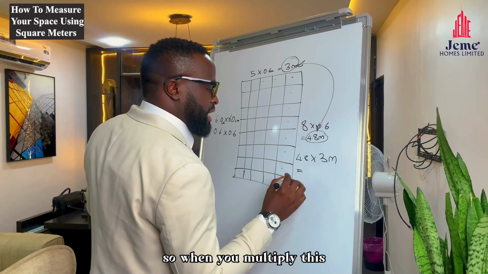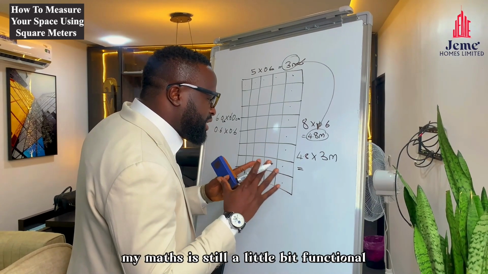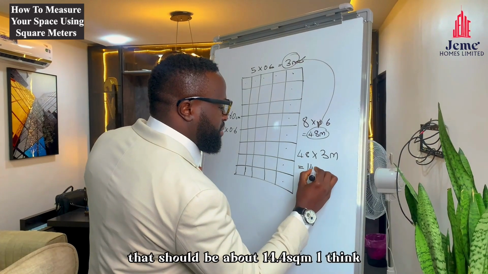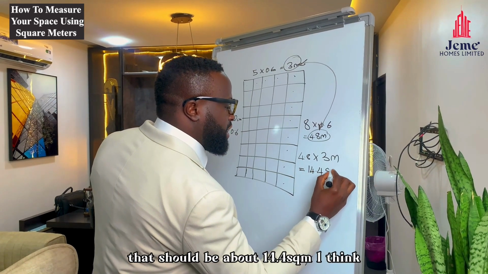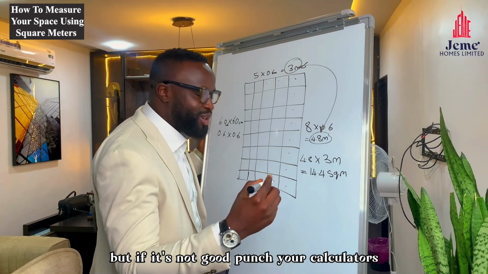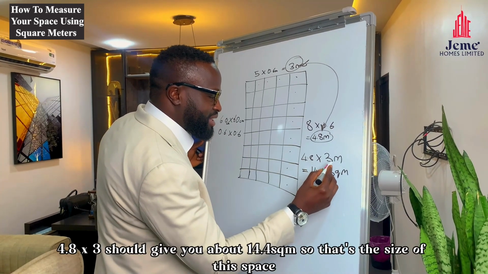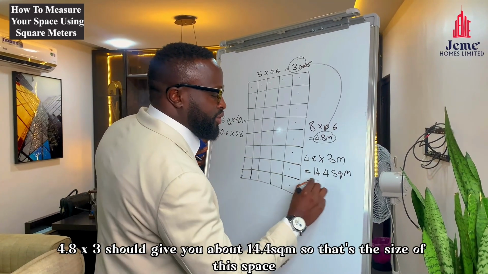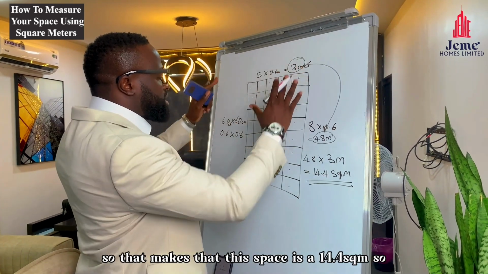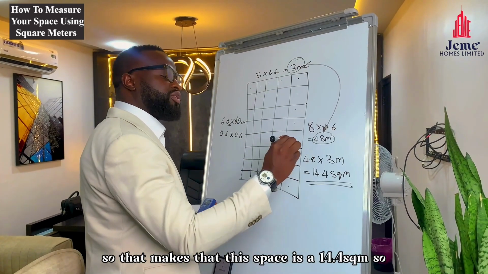That should be about 14.4 square meters, I think, if my math is still good. But if it's not good, punch your calculators. 4.8 times 3 should give you about 14.4 square meters. So that's the size of this space.